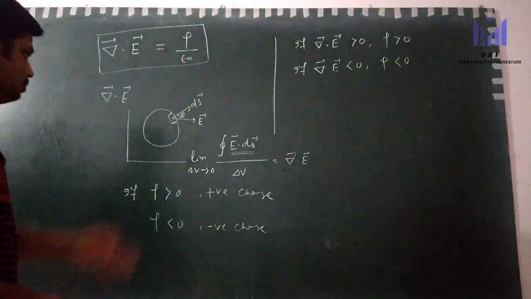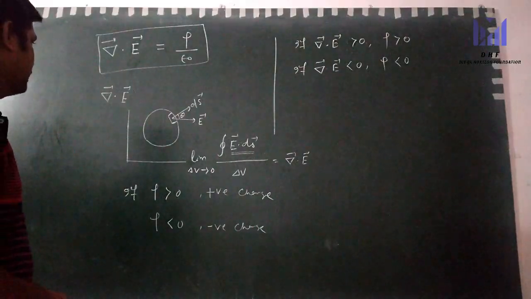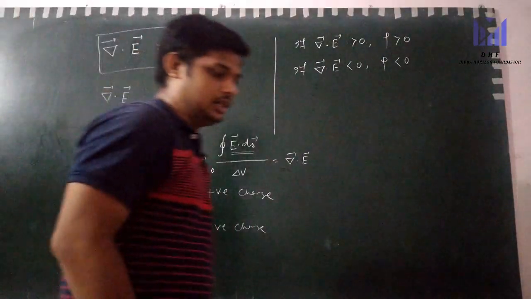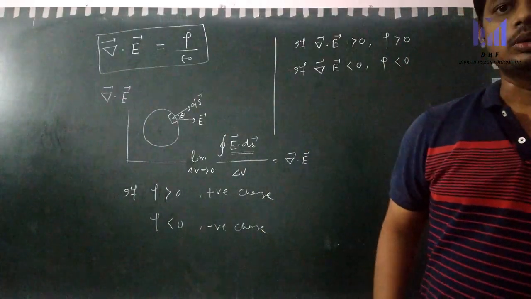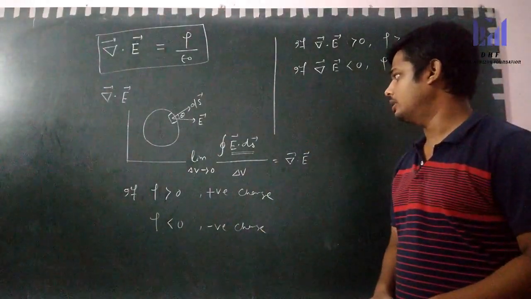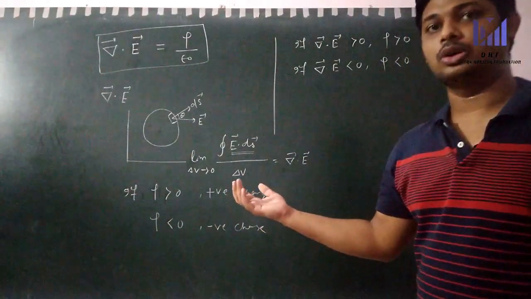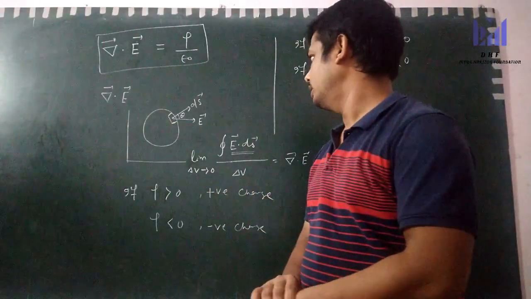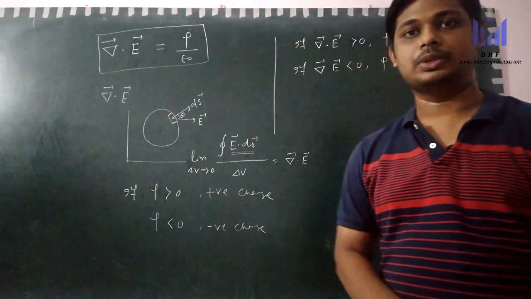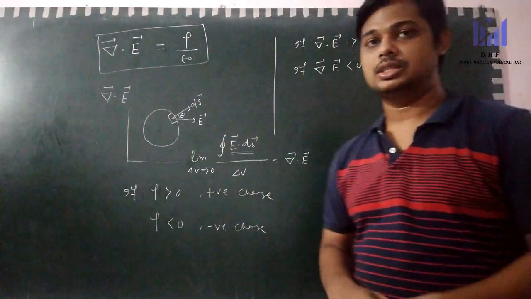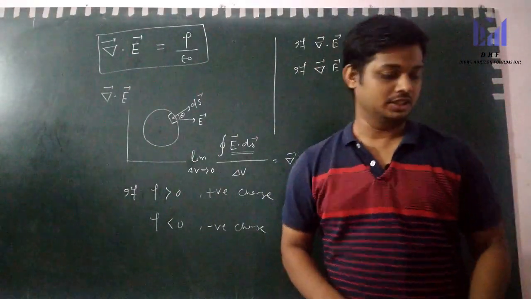Okay, so this is the condition, and we will take an electric field which is given by some function of x, y, z. Then from that electric field expression we will calculate the charge distribution in that region.